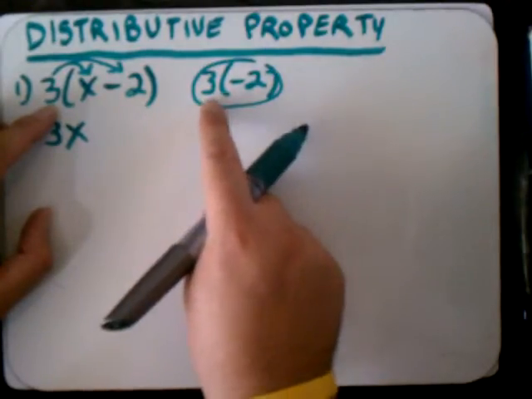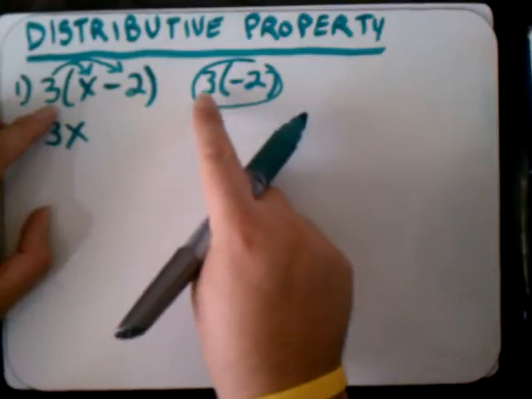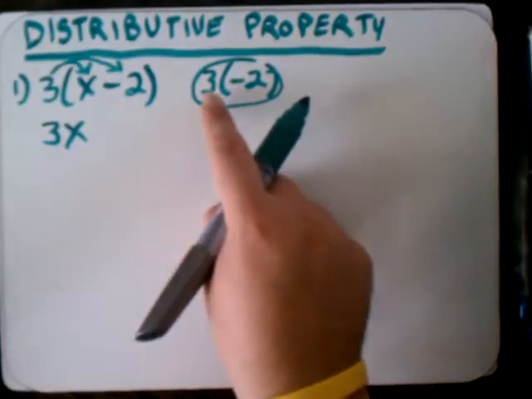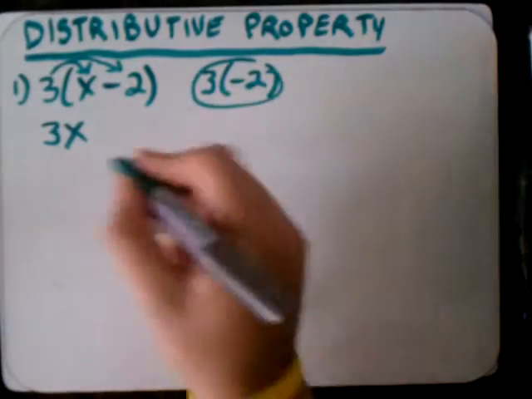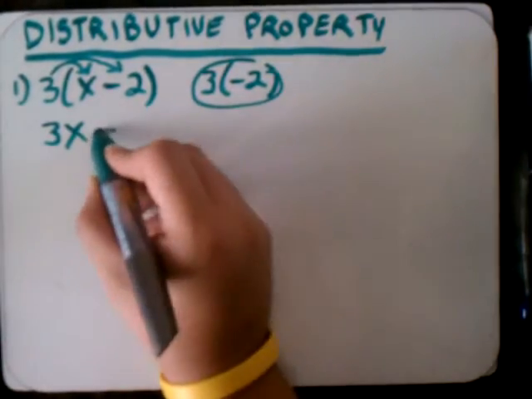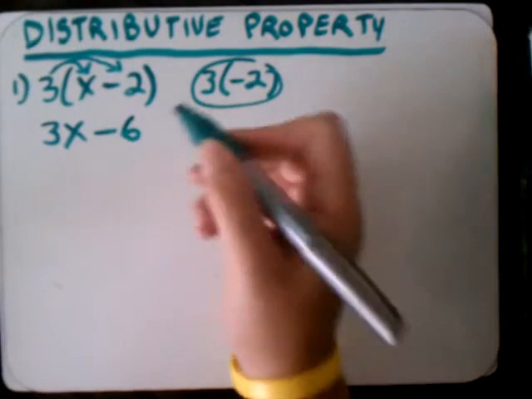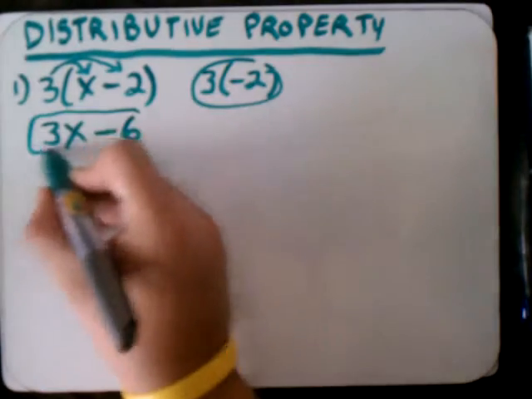You already know 3 times 2 is 6, and like we said before, in the law of signs, a positive and a negative is going to give you a negative. So negative 6, and that's your answer.